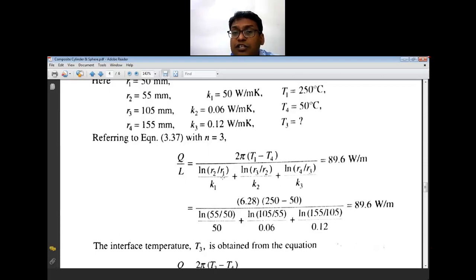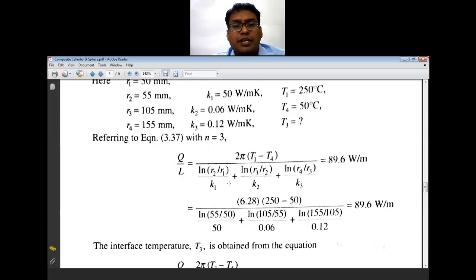Here we have not considered the resistances because of the convection. Only the conductive resistance has been taken into account. H is not mentioned, and the given problem doesn't talk about the convective resistances.